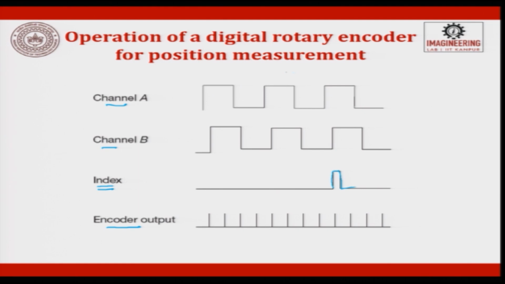Channel A output we have seen, channel B output we have seen, and encoder output will be wherever there is a conversion from 0 to 1 or 1 to 0 you will have a pulse. So, this is the encoder output. This encoder is a rotary encoder. From here we try to convert into linear scale and try to get the output whatever we want.